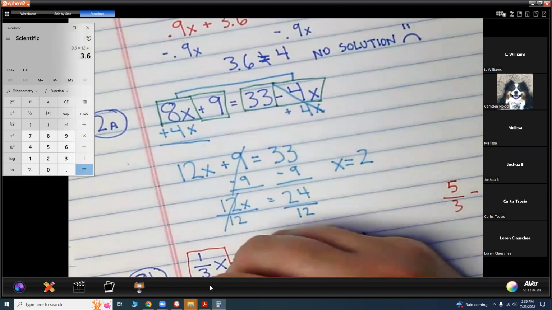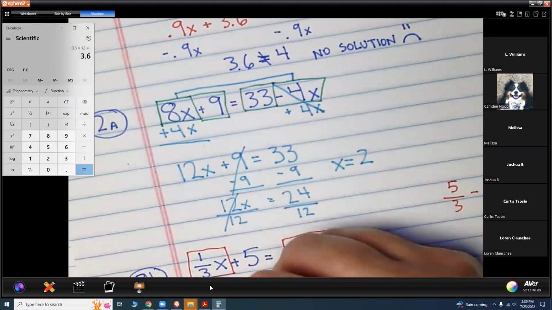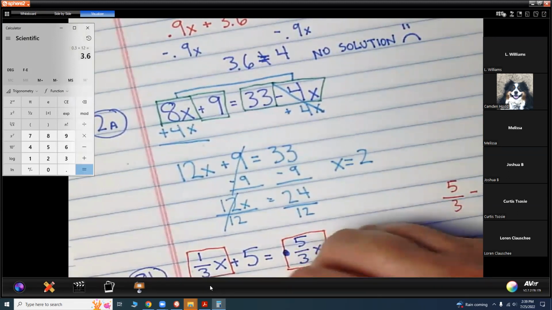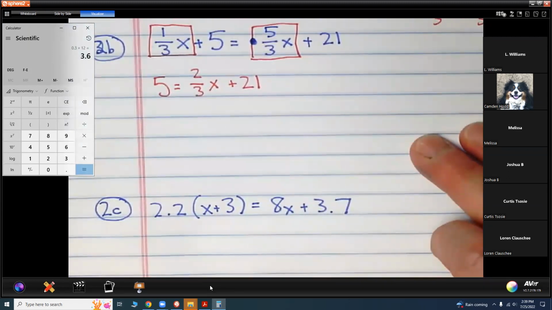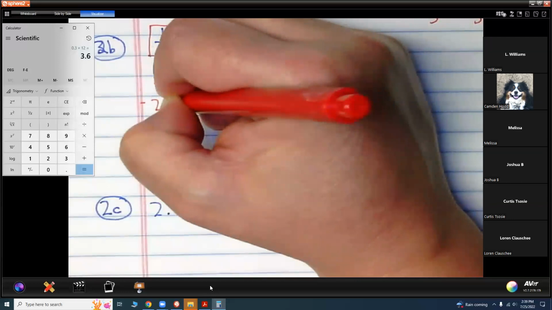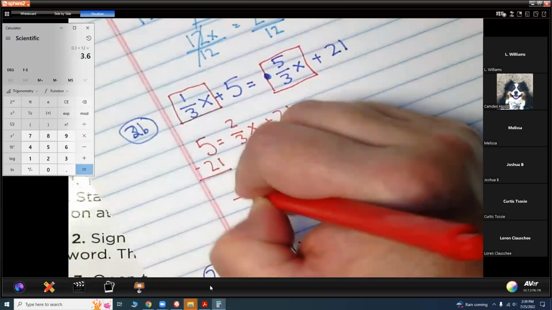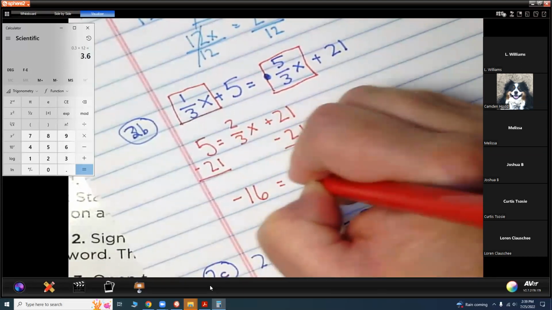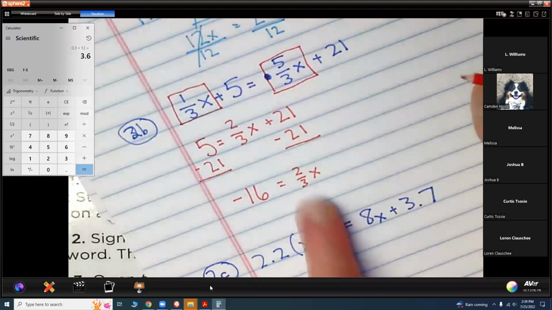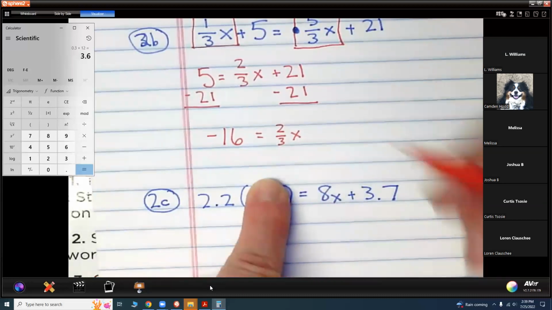So now if I combine my terms like that, I end up with 5 equals 2/3 x plus 21. Sorry. Okay, so subtract 21 from both sides. So now I have -16 equals 2/3 x. Remember, to get rid of a fraction that's being multiplied, we use the reciprocal.